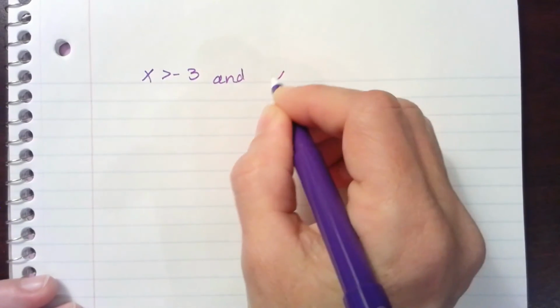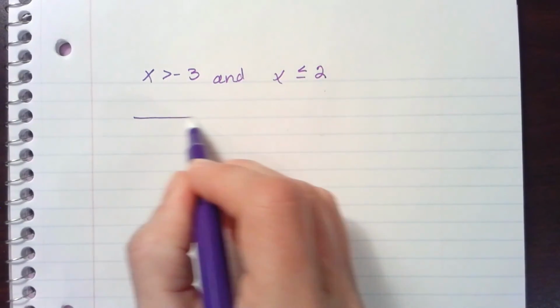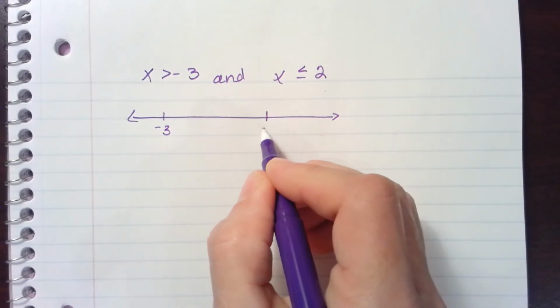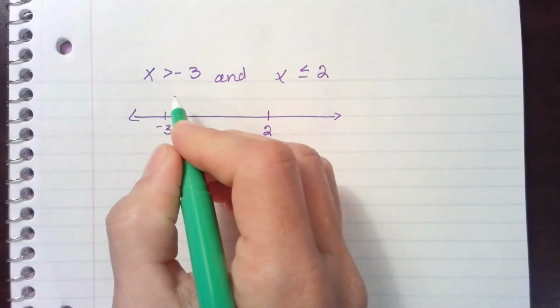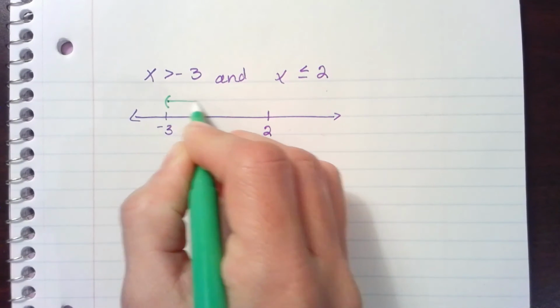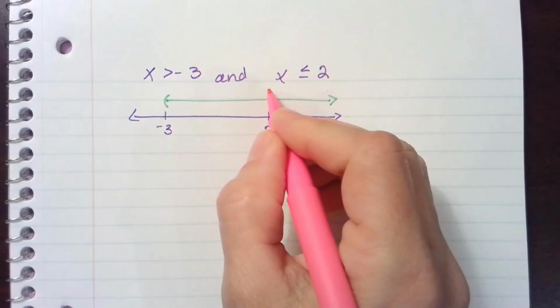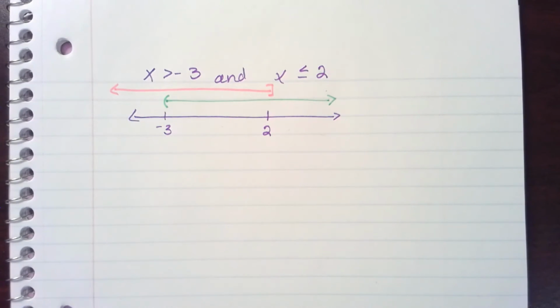So what if we had x is greater than -3 and x is less than or equal to +2? So this time we have the -3 here and the 2 here. We have x is greater than -3, so parenthesis this direction. We have x is less than or equal to 2, which is bracket in this direction.